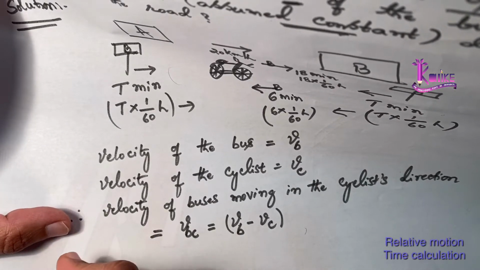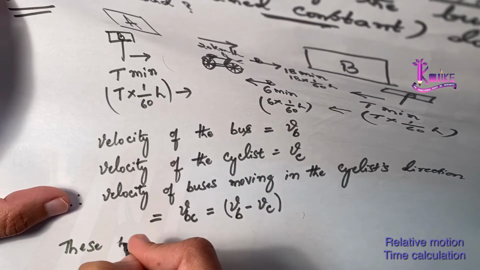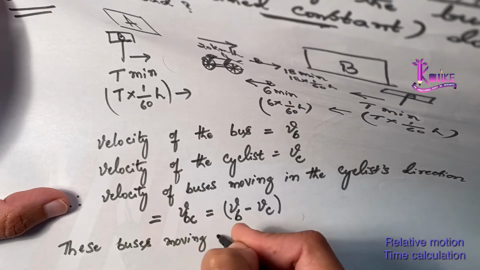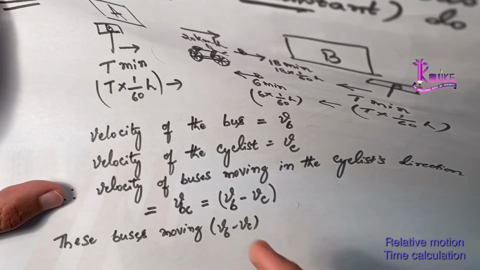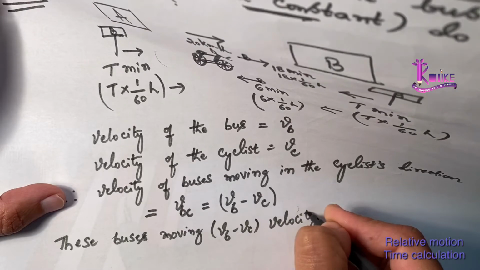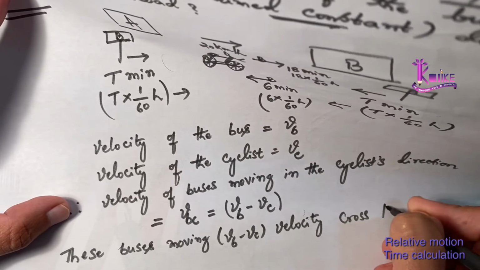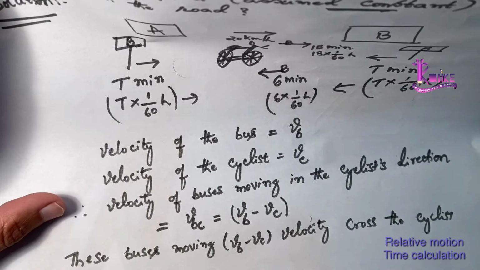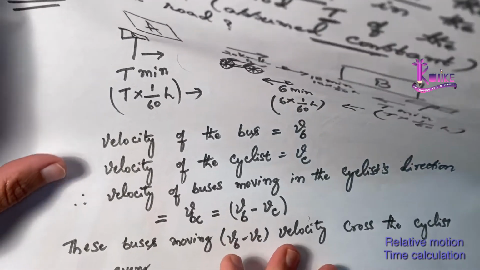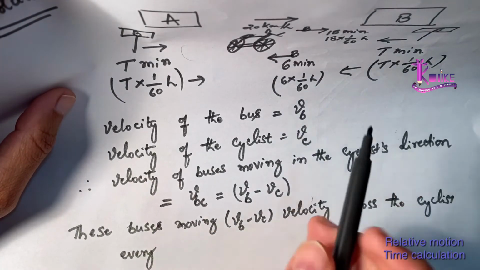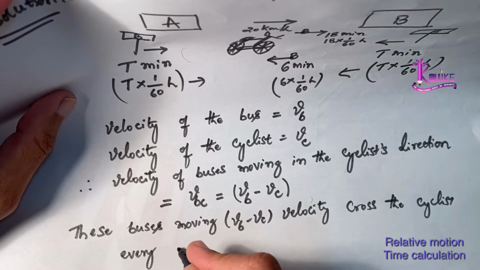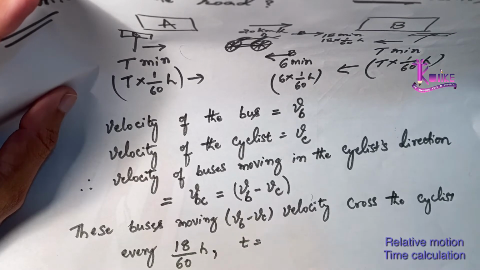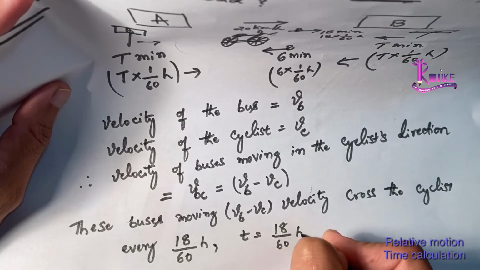So it is as simple as that. Now these buses moving with VB minus VC velocity cross the cyclist every 18 minutes, or 18/60 hour, right?